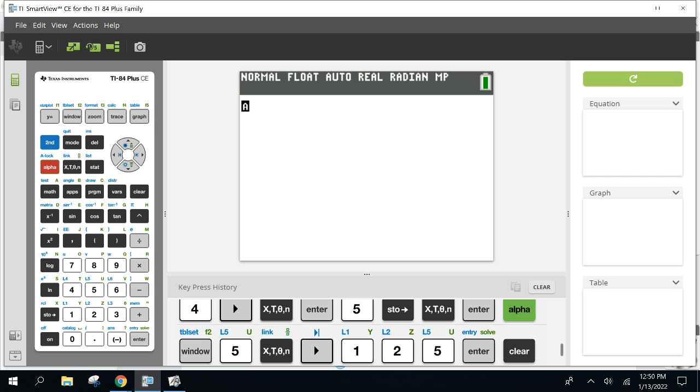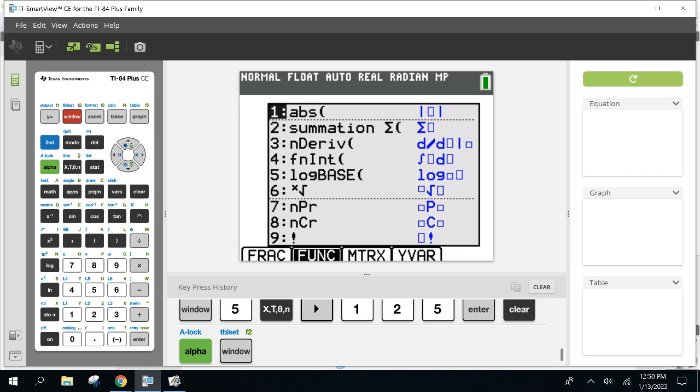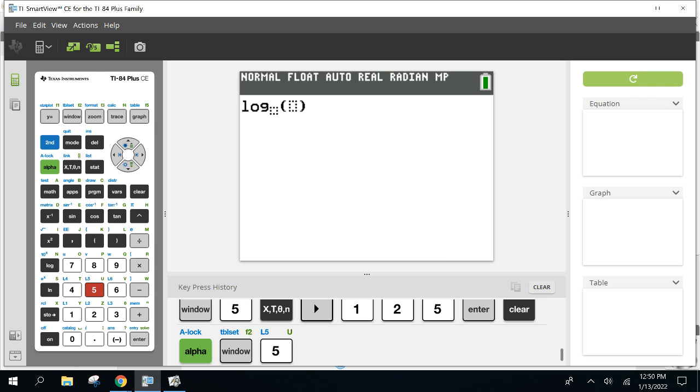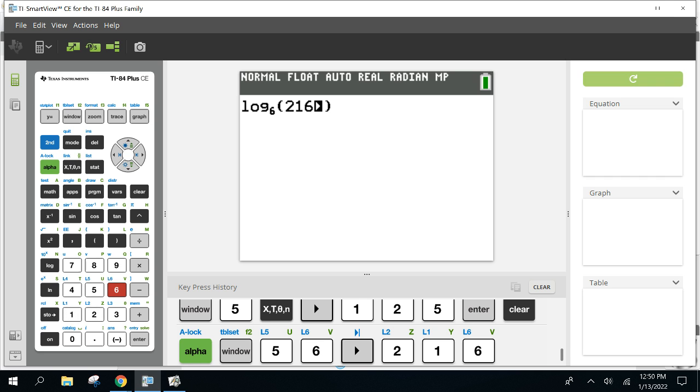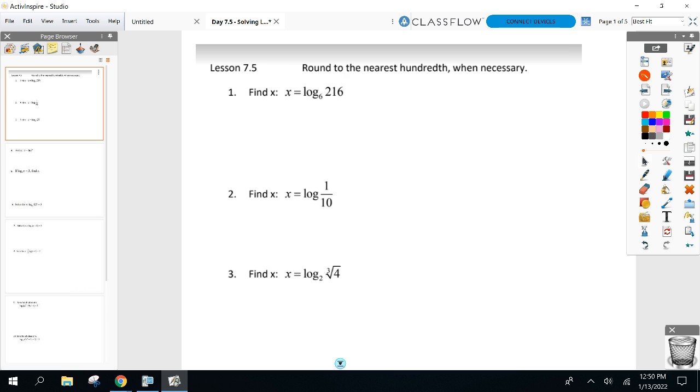You'll see it. Everyone see choice 5? And look at that. You can type in whatever base you need, which is 6. And then in the parentheses, what do we got? 216. It'll do the dirty work for you. 3. So beautiful. X equals 3.